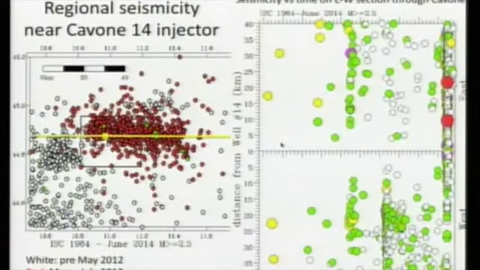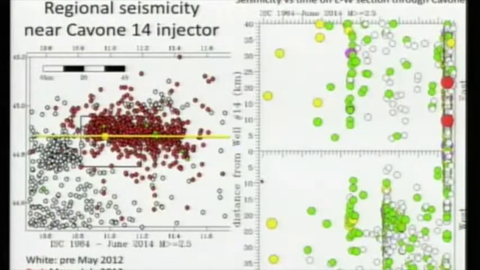So this is the region of the field. And what we see is that earthquake activity happened outside the field over time. Once the May 20th earthquake happened, activity occurred within the field. But prior, starting in 1964, there was very little seismicity that could be located by the ISC in this area.